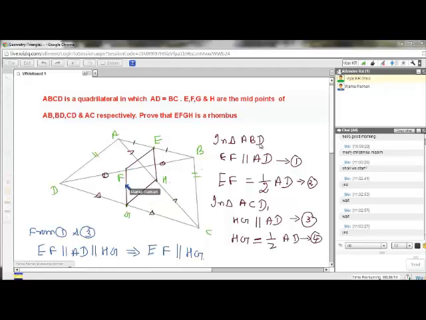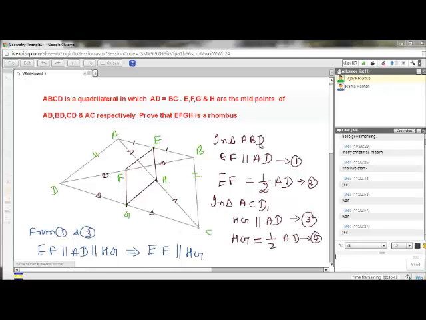Okay. Now, let us take up the triangle which contains EH as a segment inside. So that is, you take triangle ABC. In triangle ABC, E is the midpoint of AB, H is the midpoint of AC. So, EH will be half of BC.